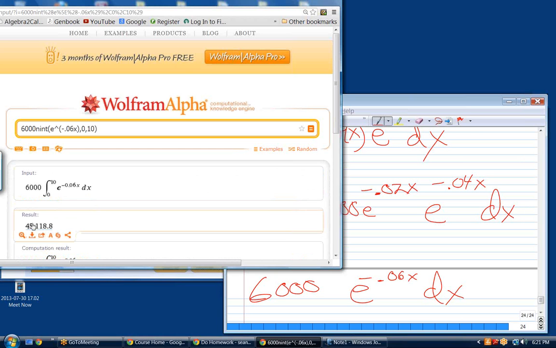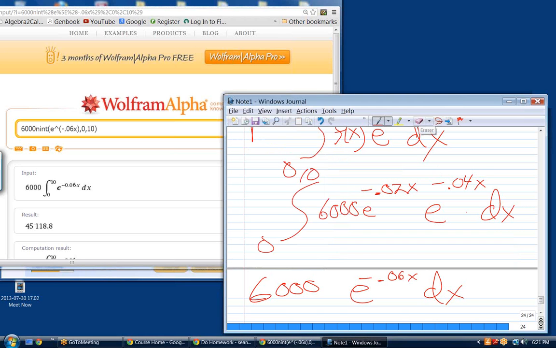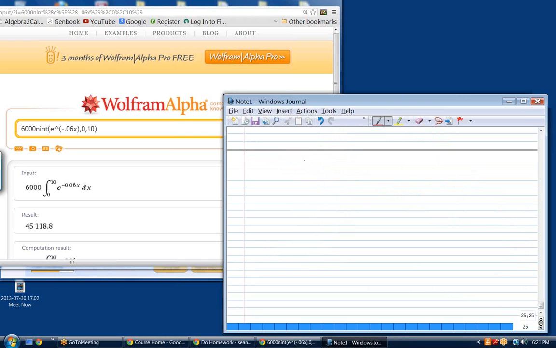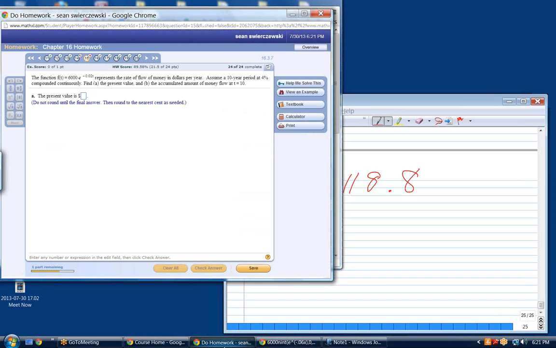Again, can you do that on your calculator? Yeah. Let's see, first of all, whether they want it rounded to the nearest cent.